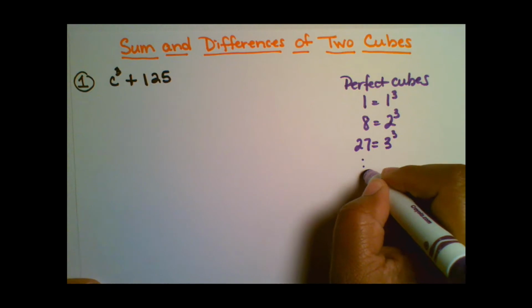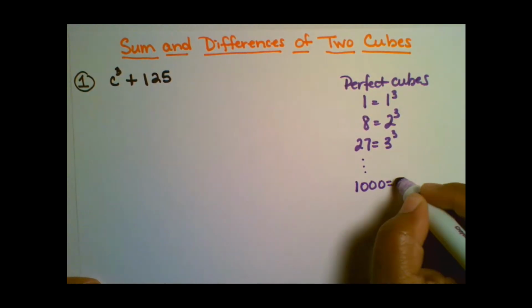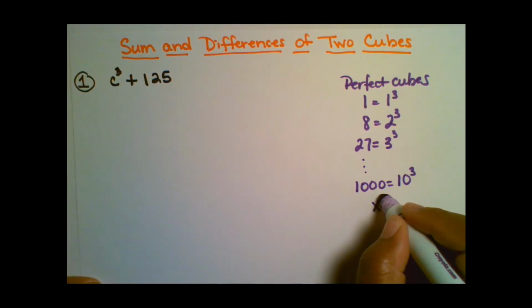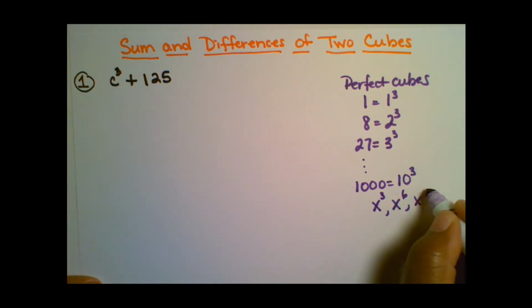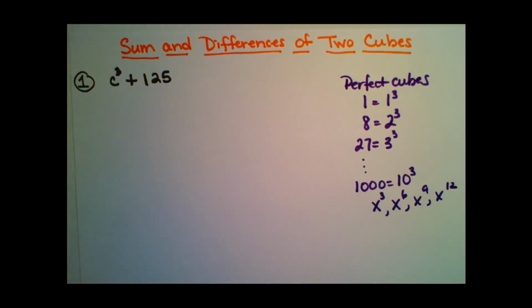We can go all the way up to 1,000 because 10 cubed gives us 1,000. So as far as variables, x cubed, we can say x to the 6th, x to the 9th, x to the 12th, because you can find three identical factors that will give you that power: x cubed, x times x times x. For x to the 6th, x squared times x squared times x squared.